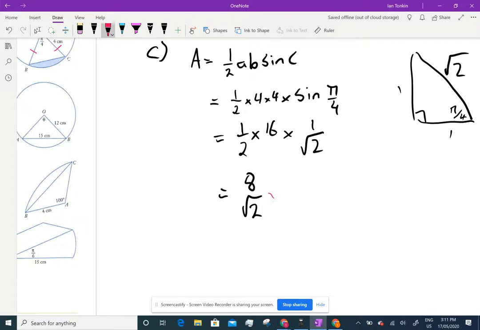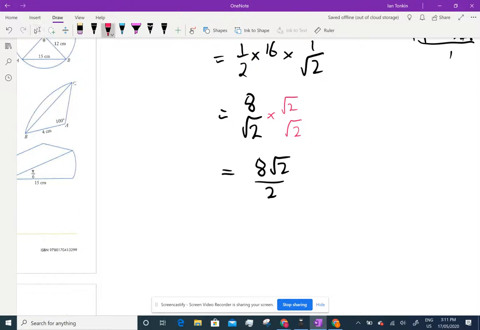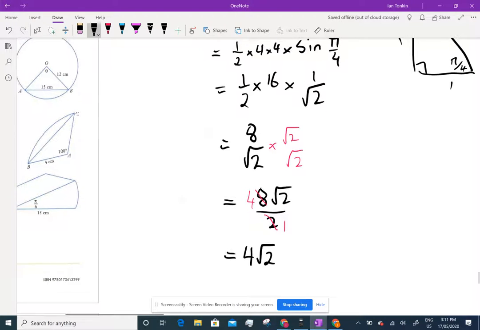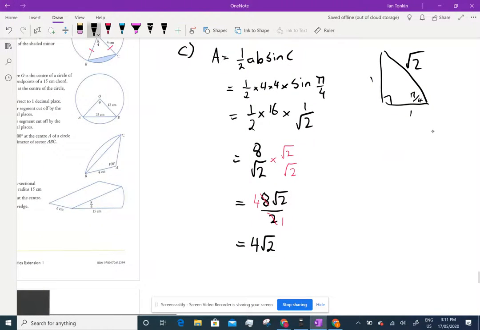So that's why we do all that surd work, and multiply by root 2 and root 2, which will give me 8 root 2 on 2, but 2 goes into 8 4 times, so I get 4 root 2. And that's the area of the triangle, in centimetres squared.